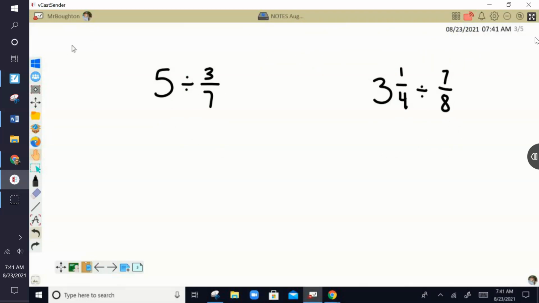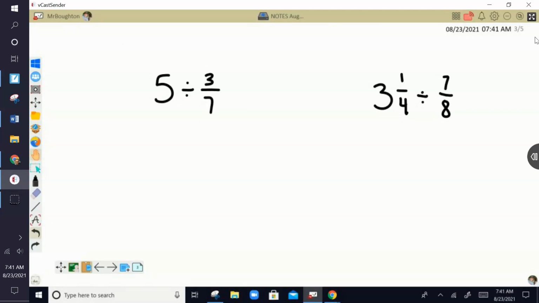So let's take a look at 5 divided by 3/7. 5 written as a fraction, I'm going to write it in red here, 5/1. That's the number 5 right there. So my problem is really 5/1 divided by 3/7. Now we need common denominators.